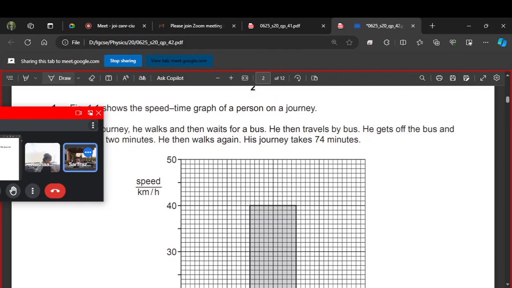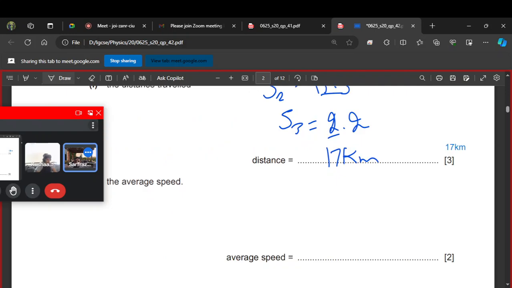Which will we use? I think we use 74 because it says average. Yes, because his whole journey takes 74 minutes. Then what will be the answer for average speed? Distance divided by time, 74 minutes. So 74 divided by 60 is 1.23. And then 17 divided by 1.23.